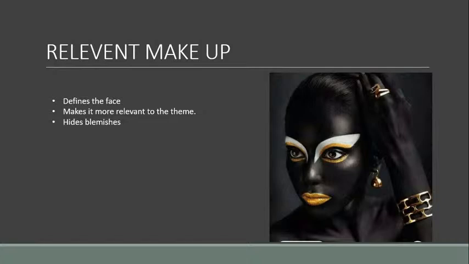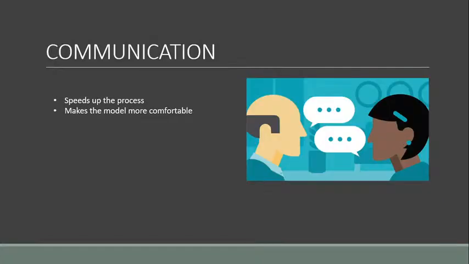For example, if you want to shoot a close-up shot of your model, and we'll take a female model, if she has kajal or an eyeliner in her eyes, it will be much better than a picture with no makeup or no eyeliner. So that covers relevant makeup.